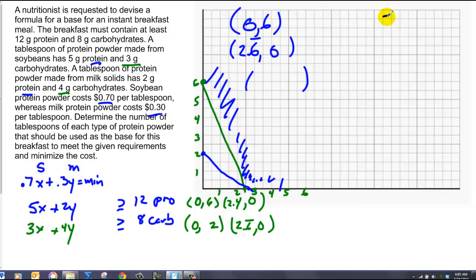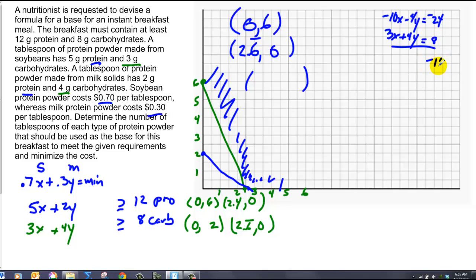So I get negative 10x minus 4y equals negative 24. Then I have 3x plus 4y is equal to 8. Add those up.